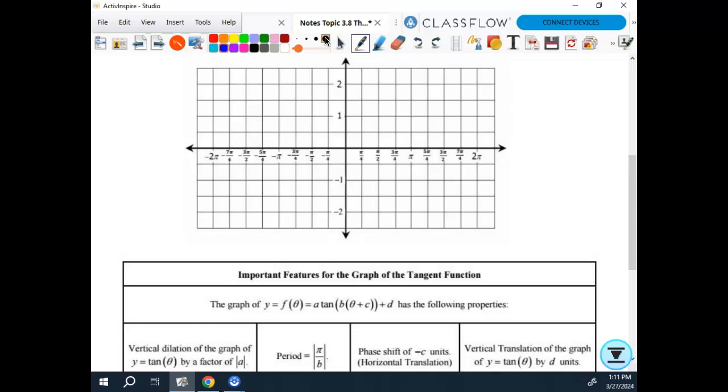So when I'm at 0, it's 0, 0. There's a point. What is the tangent of pi fourths? 1. Okay, so we'll put a point at pi fourths, 1. What is the tangent of pi halves? Undefined. So that's where my vertical asymptote goes.